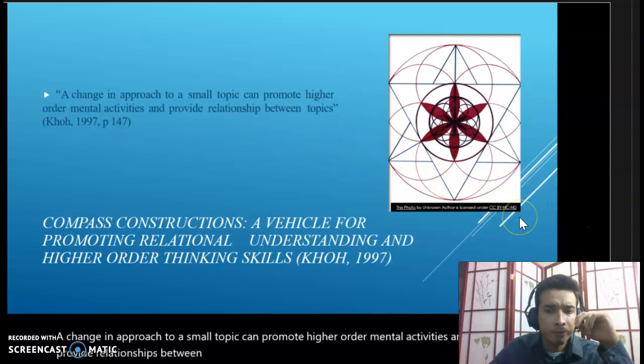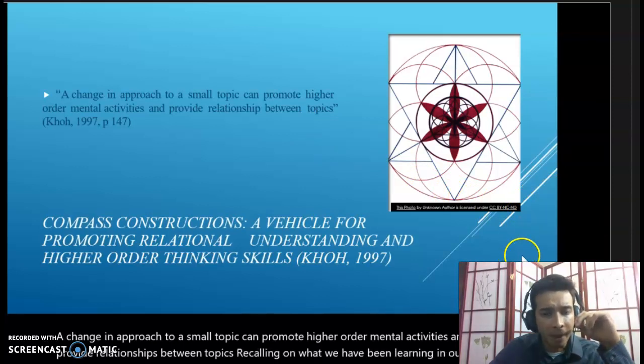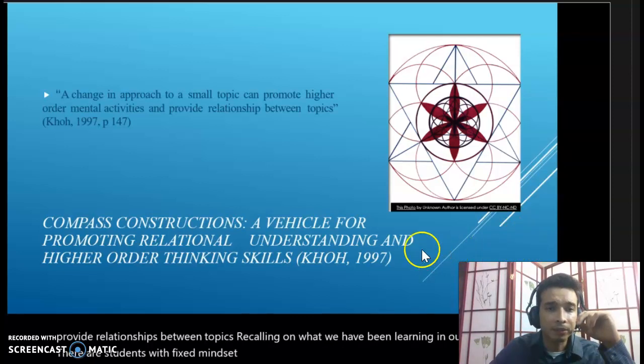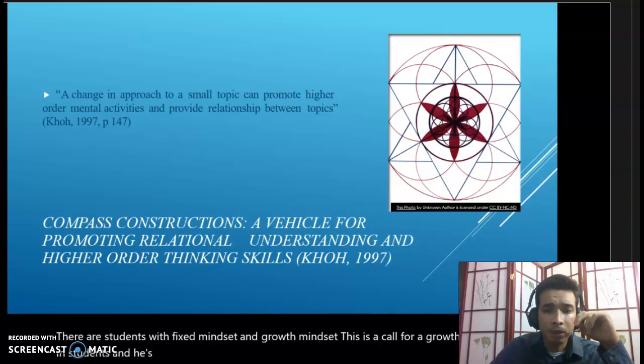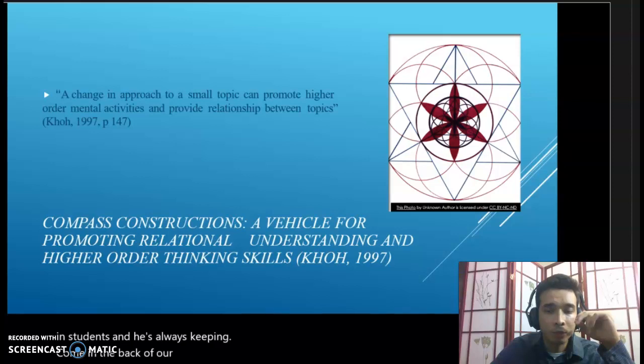Recalling what we have been learning in our class, there are students with fixed mindset and growth mindset. This is a call for a growth mindset in students and is always in the back of our minds as teachers that we have to keep those high expectations.